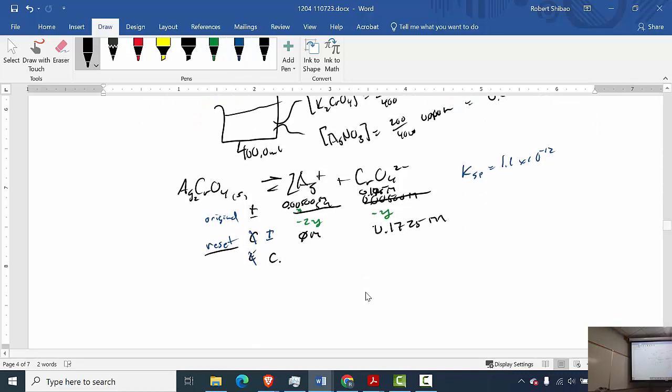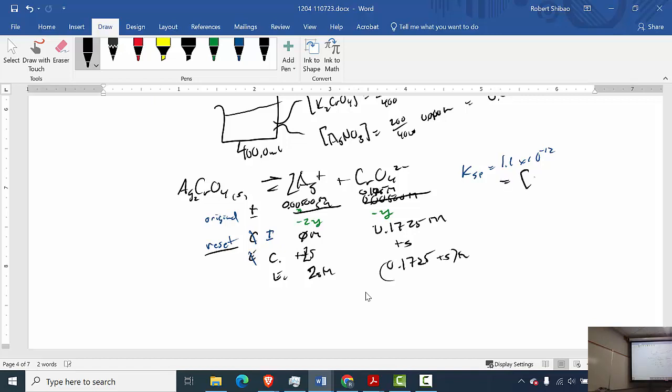I just prefer to do it this way because it'll clean up the algebra here. Now what I'm going to do is go plus S, this is not plus S, this is plus 2S. And so I'm going to get 2S molar and 0.1725 plus S molar.